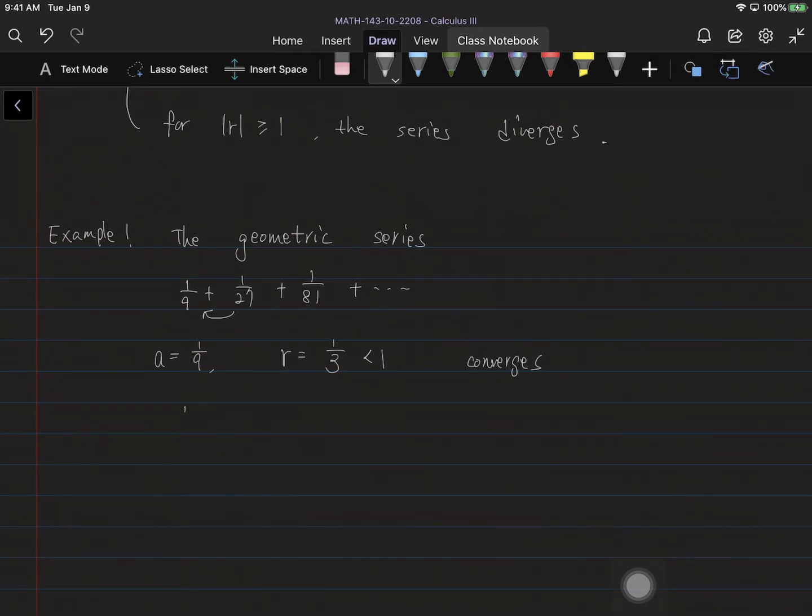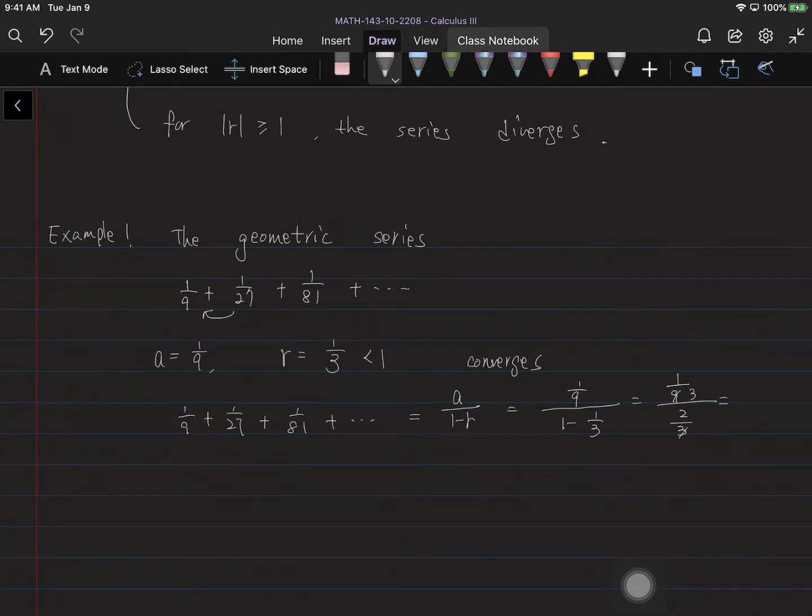The sum, I can write down 1 over 9 plus 1 over 27. The sum equals A over 1 minus R. And what is A? Just plug in. R, 1 minus 1/3. Simplify. 1 over 9 divided by 2/3. Oh, you can use 1 over 9 times 3 over 2.